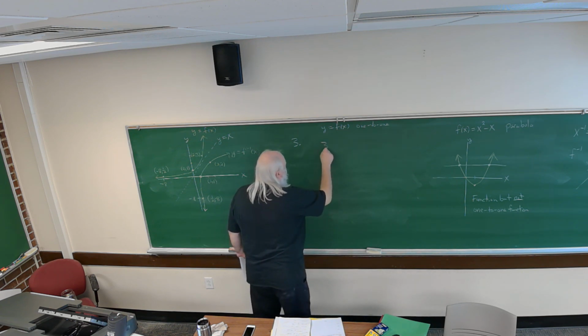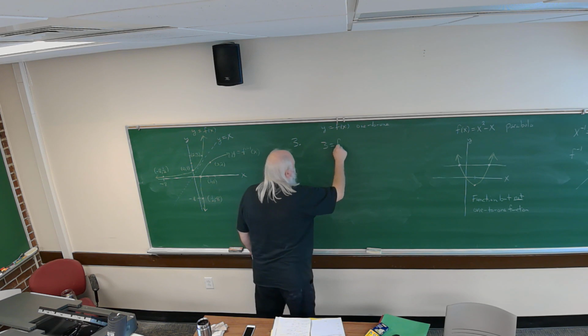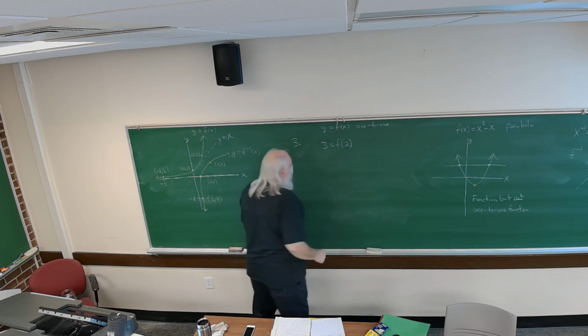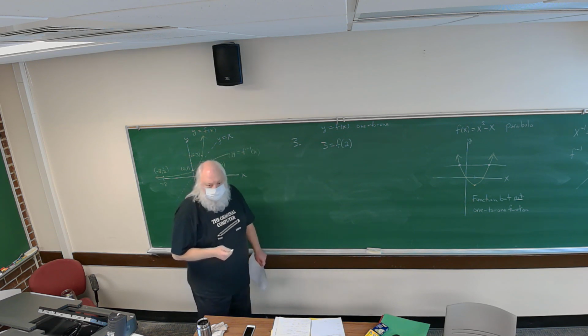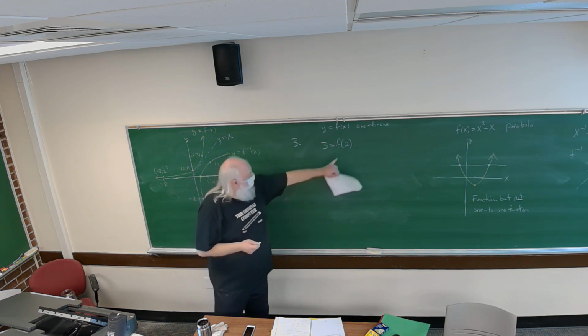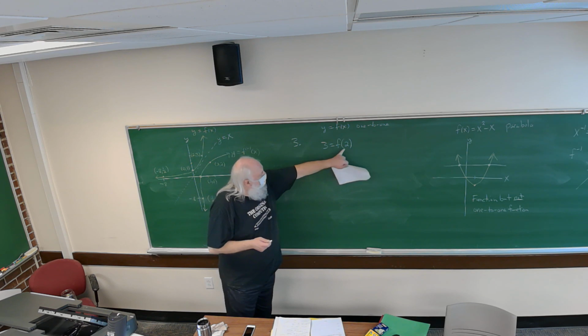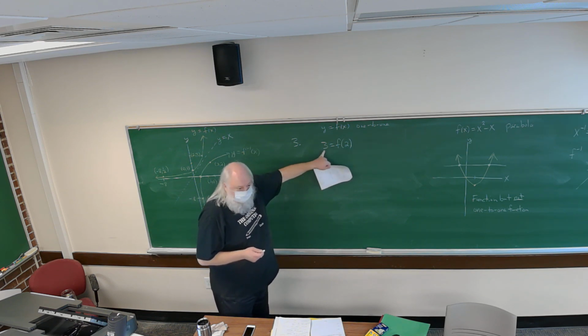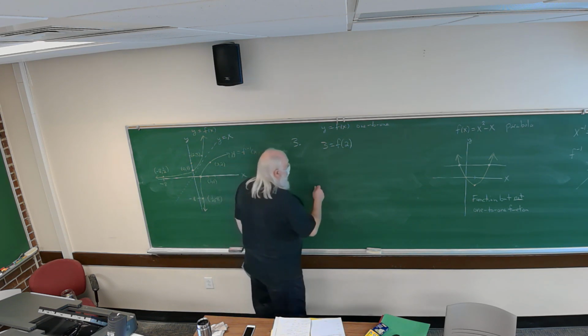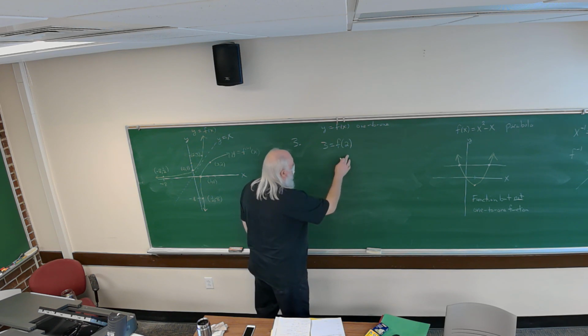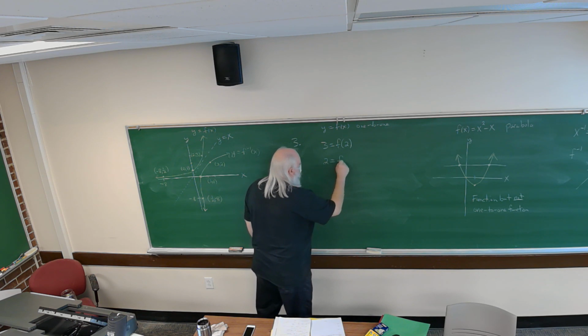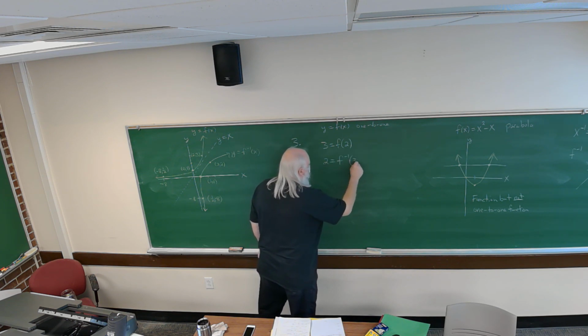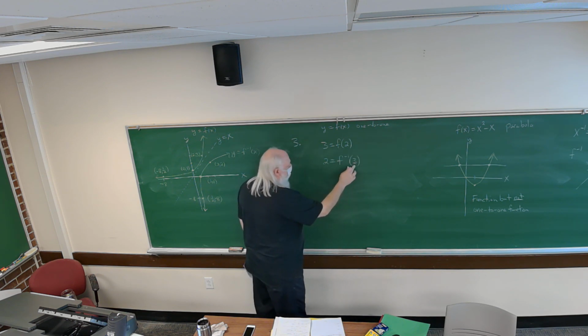If it happens to be true that the function evaluated at x equals 2 is equal to 3, and it's 1-to-1, then it has an inverse function, and it's true that the inverse function evaluated at x equals 3 is equal to 2.